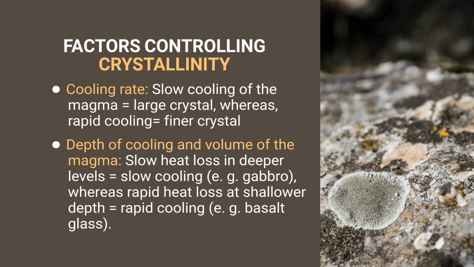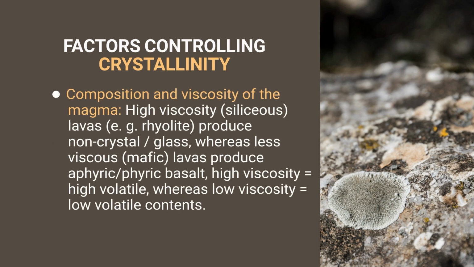Another factor is the composition and viscosity of the magma. High viscosity magmas are basically siliceous lavas, for example rhyolite, and they produce non-crystalline glass, whereas less viscous mafic lavas produce aphyric basalt. High viscosity lavas are highly volatile, whereas low viscosity lavas are low in volatiles.